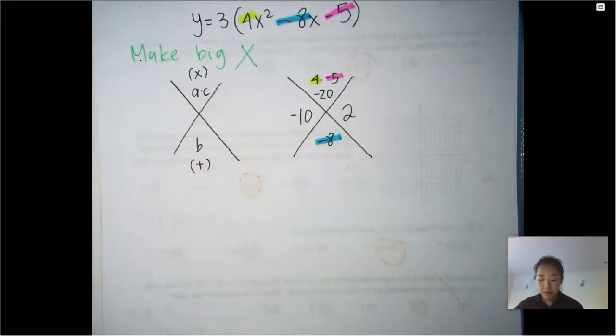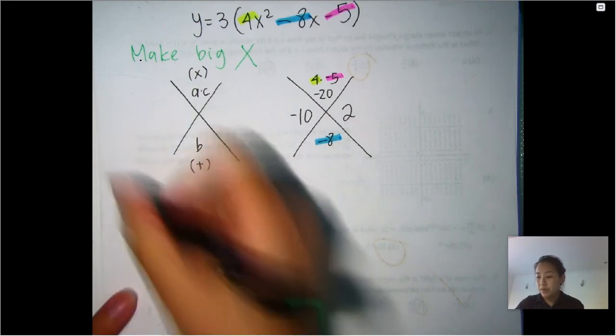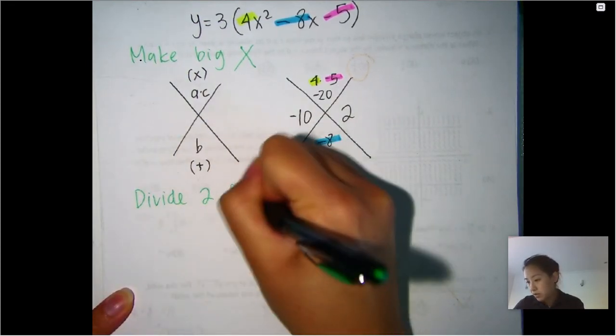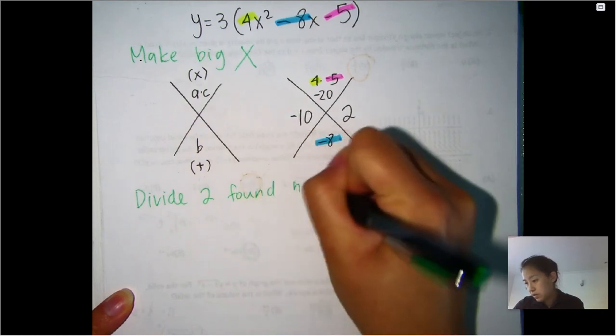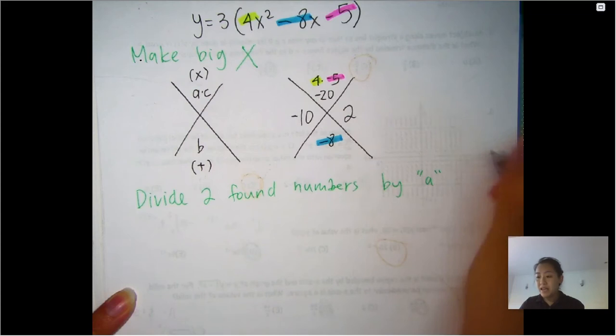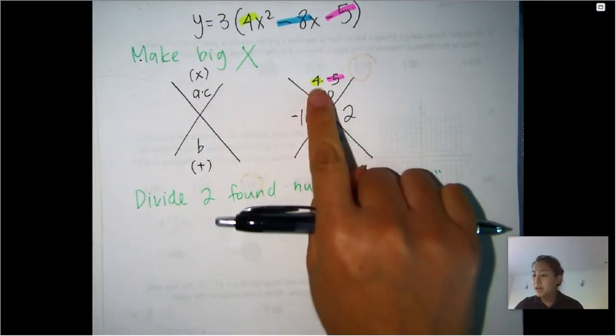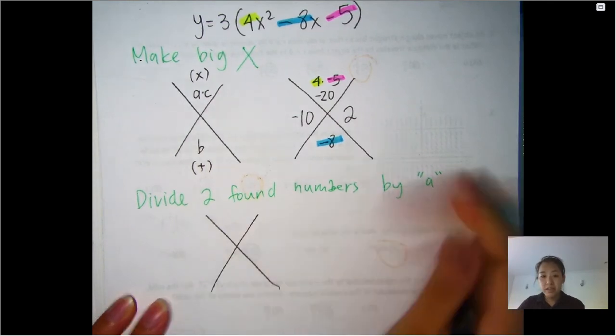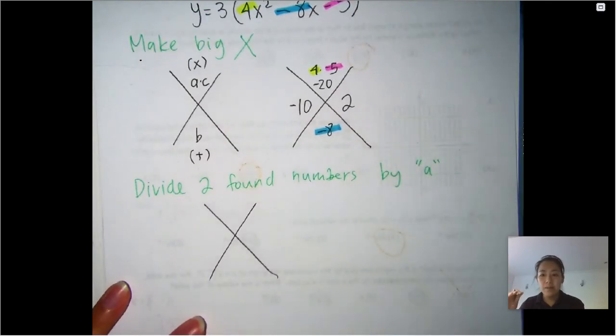Okay, now we're going to divide the two numbers you found by A. A being the number that you had multiplied right here by C. So when you make your big X, and obviously when you're doing this on your own paper, you're probably just going to make one big X one time, but I'm trying to break the steps down for you.